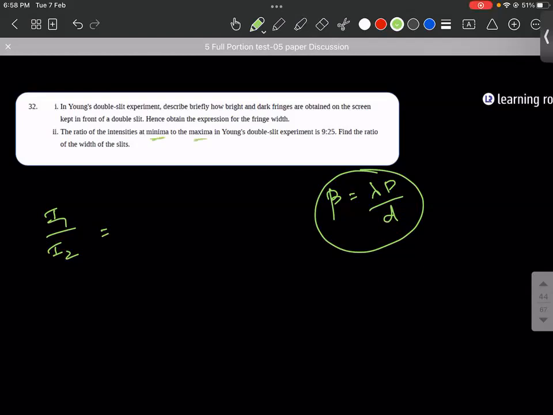So I min to I max is this much. How much is it? It is 25:9. Sorry, I min to I max is 9:25.